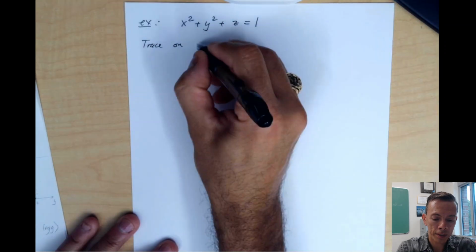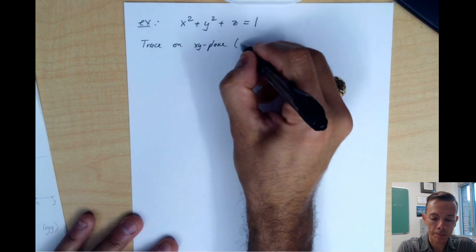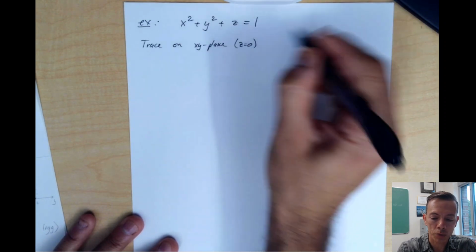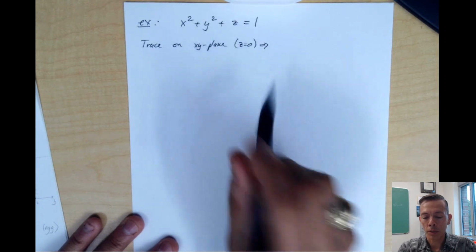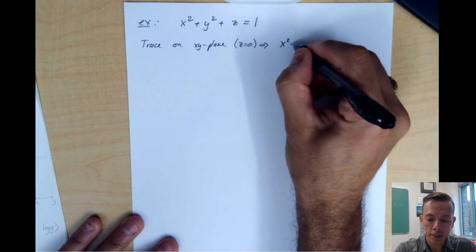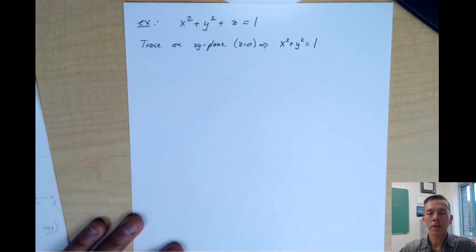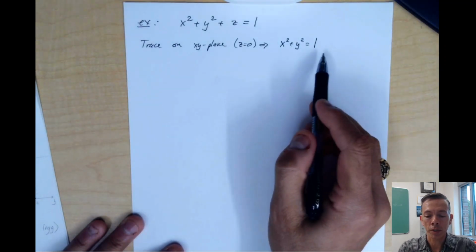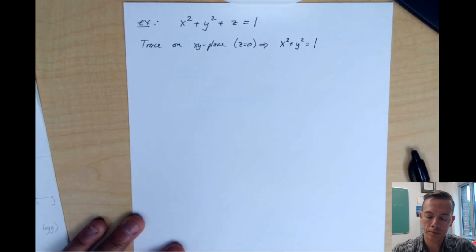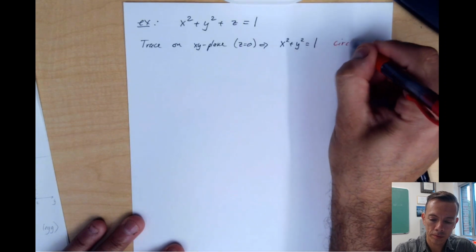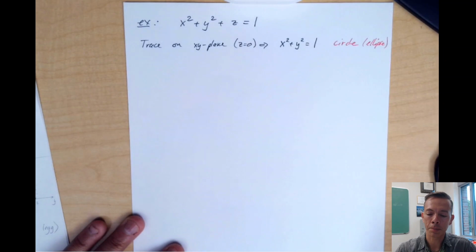So if you take the xy plane, which is the plane with the equation z equals 0, if you plug z equals 0 into this equation, you get this equation right here. This is the trace, and it's actually just a circle, which is a special case of an ellipse.